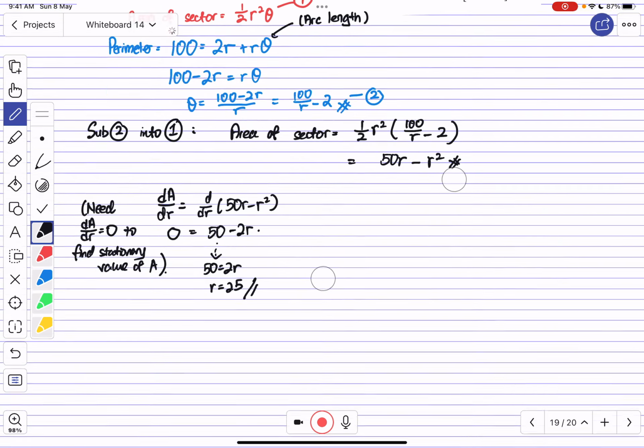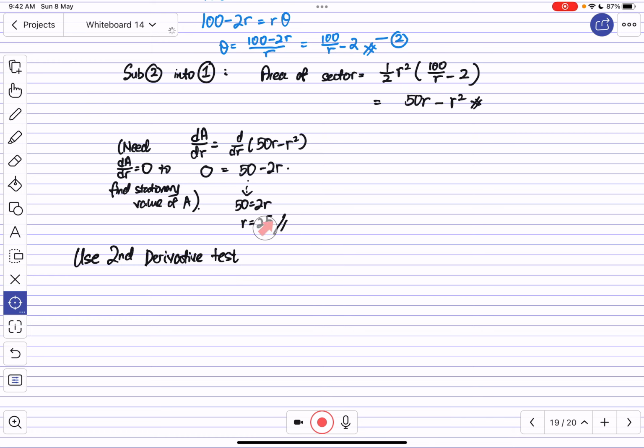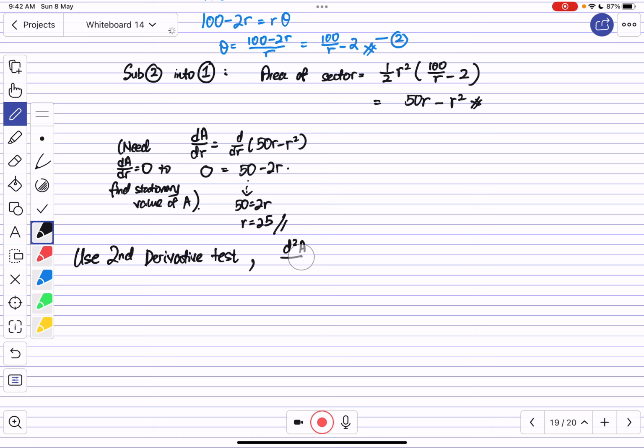All right, using the second derivative test. After we found the stationary value, this does not guarantee that it provides us a maximum. It could be a maximum, it could be a minimum, or it could be a stationary point of inflection. I find my second derivative d²A/dR², which is differentiating dA/dR, which is 50 minus 2R.